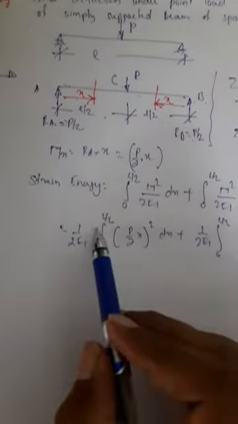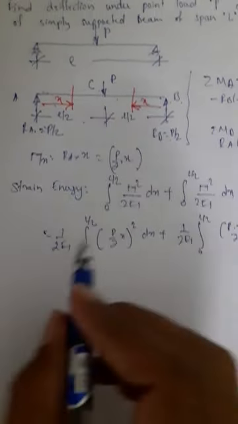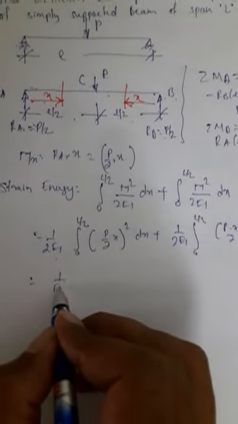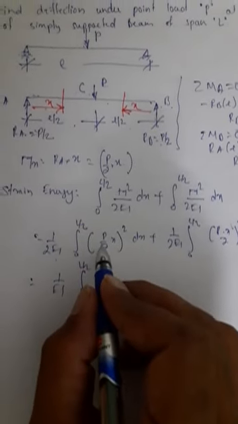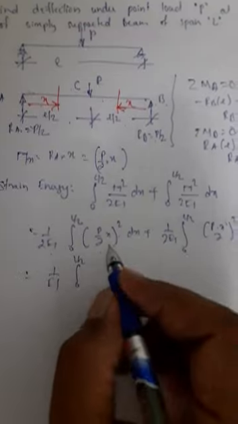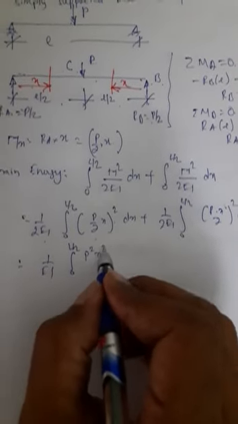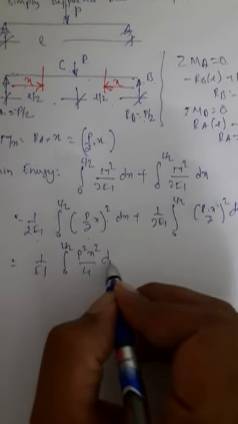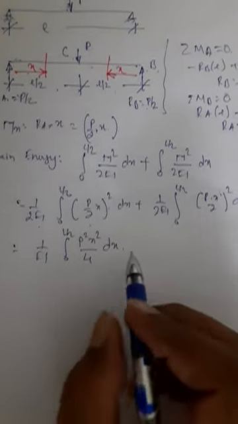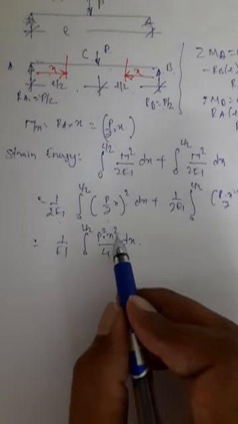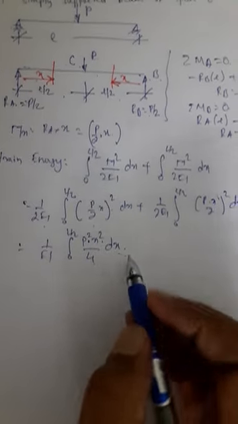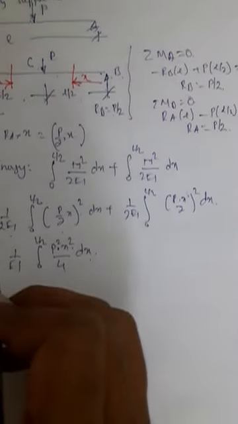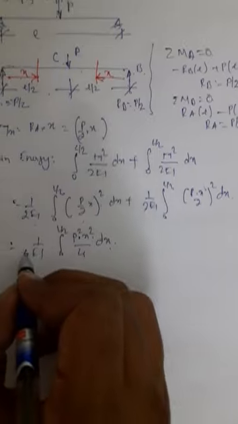Now you add them together, 2 EI, 2 EI, you get 1 EI, 0 to L by 2. Expand this, P square x square by 4 dx. Again here P and 4 are constant, x is variable. So integrate x square with respect to dx. So actually this is 1 upon 4 EI.